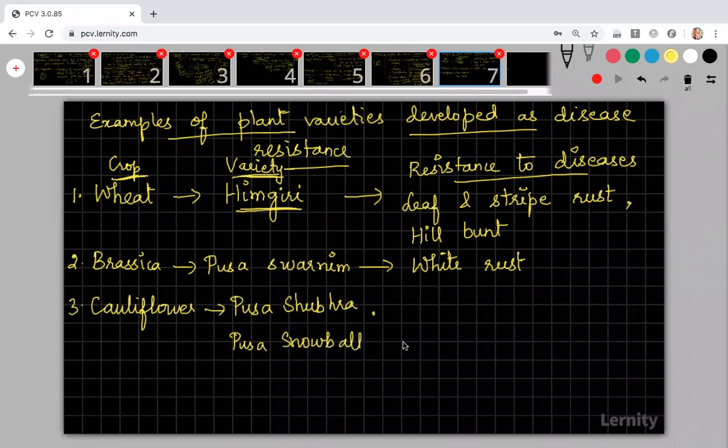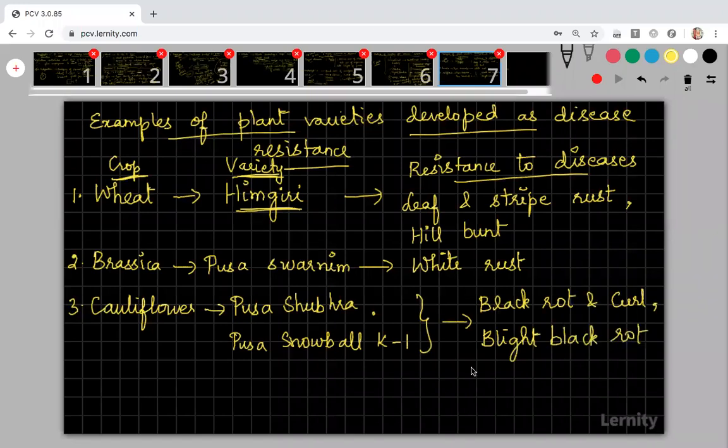These two varieties are resistant against diseases called black rot disease and curl disease, and one more disease called blight black rot. Okay, so this is the third crop plant.